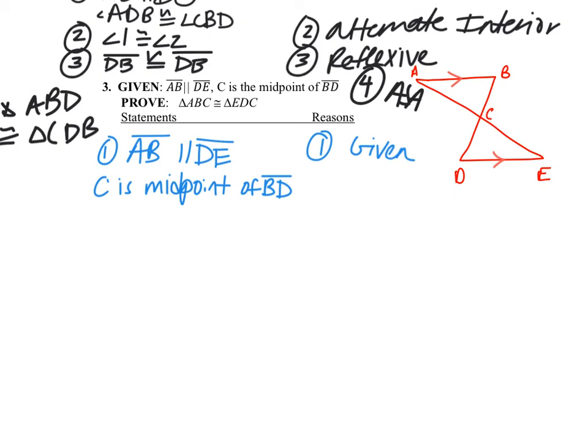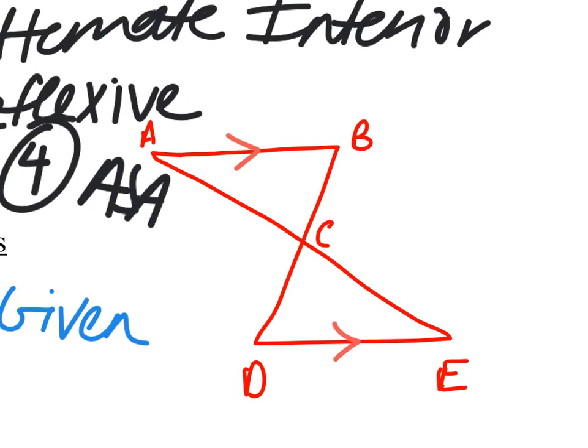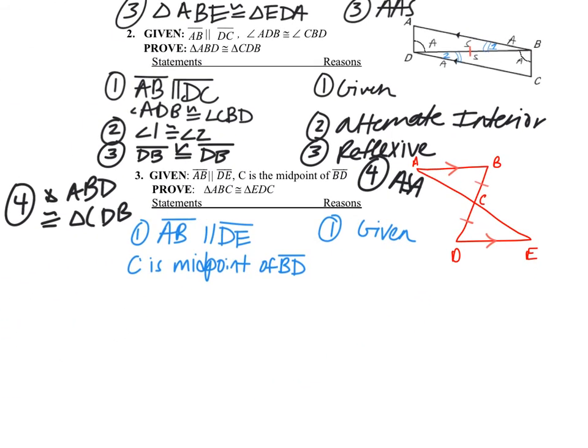When I have a midpoint, then Matt, what should I say is true because C is the midpoint of BD? That these two pieces, BC and CD, since it's in the middle of BD, it cuts that segment in half. So you should say that BC is congruent to DC. Because what is our reason? Definition of a midpoint.